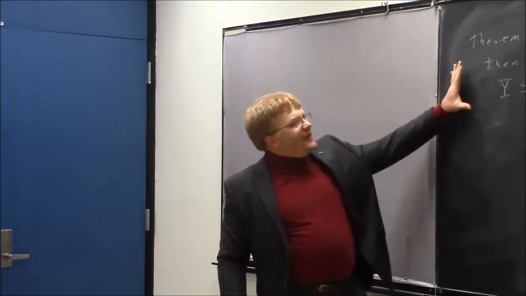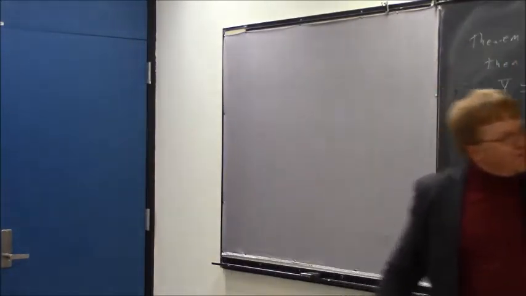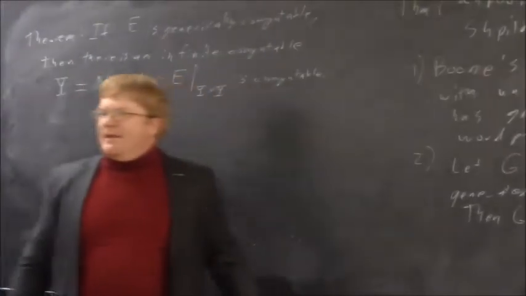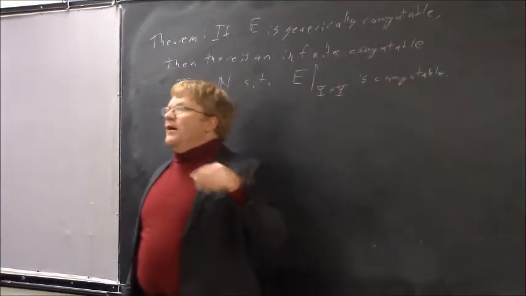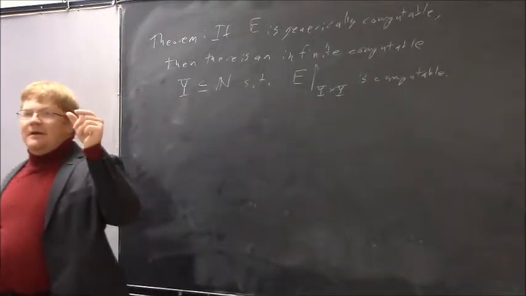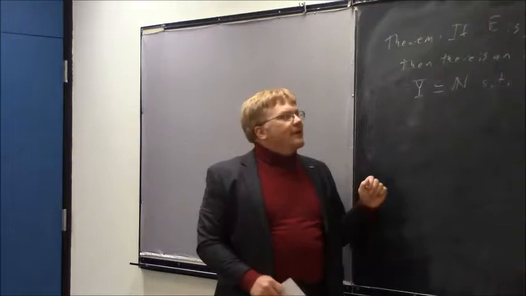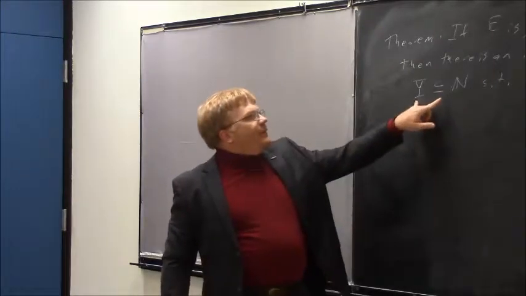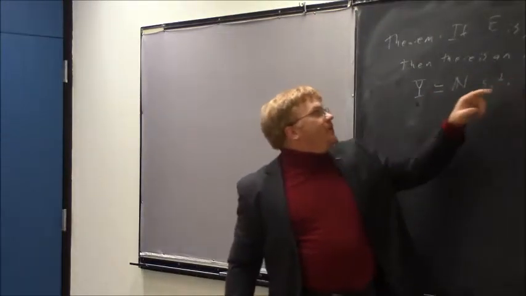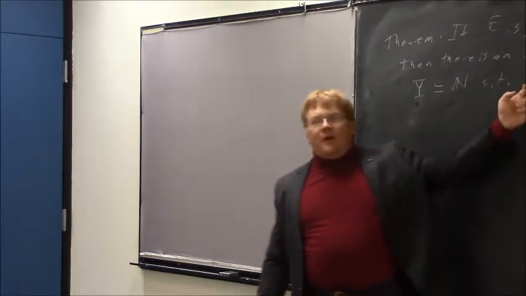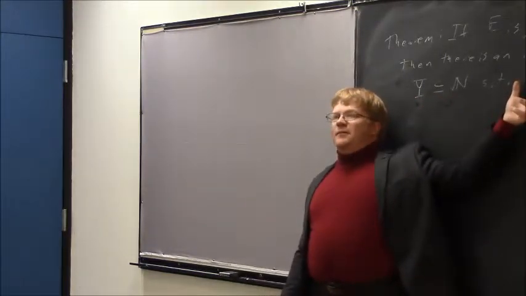So this says, if you have one of these structures that's generically computable, in the sense that you have a generically computable function to say whether two things are equivalent or not, then there has to be some infinite computable subset of the natural numbers on which E is computable.